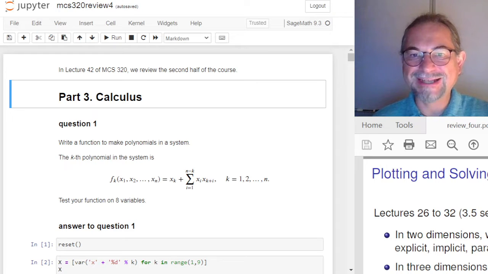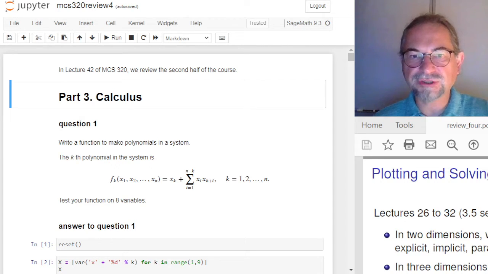So here you see the kth polynomial, which starts with the kth symbol in a list of symbols. So if you want to do this piece by piece, you would look only at one term.